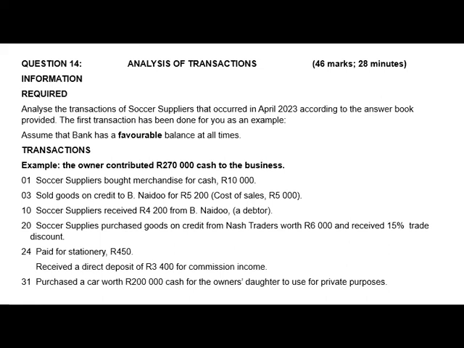On the 20th, it says Soccer Suppliers purchased goods on credit from Nash Traders worth 6,000 and received 15% trade discount. Please note that you'll have to calculate the amount excluding the discount first.